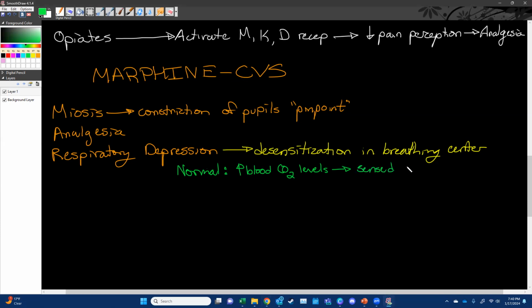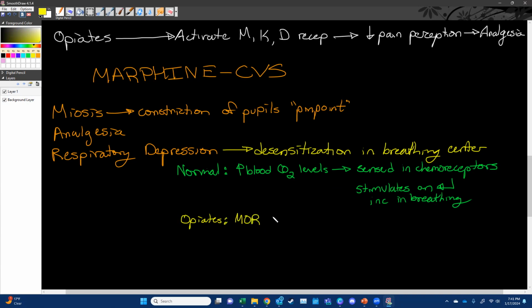Sensed in the chemoreceptors, and this stimulates a breath. What ends up happening with opiates is that the mu opioid receptor decreases the sensitivity of the chemoreceptors.